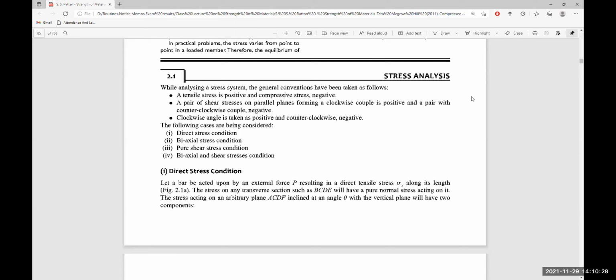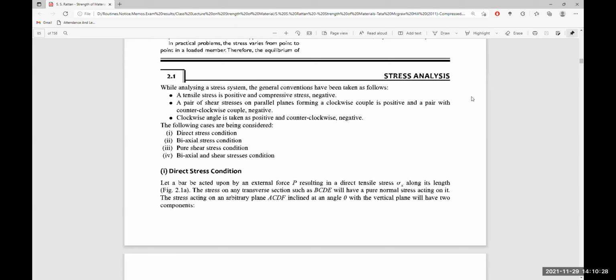Now, in this particular case of a multiple stress system, different types of loadings are acting simultaneously or acting dependently on each other. Here we are assuming the loads are acting along the longitudinal axis, that is, the longitudinal tensile or compressive stress, and shear stress acting along the surface of the longitudinal axis itself.